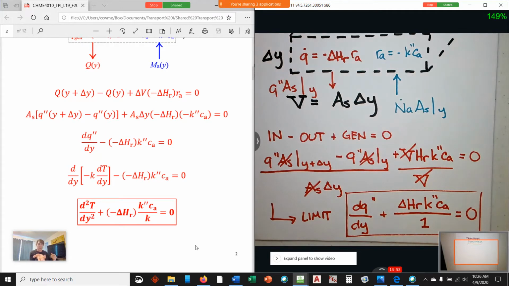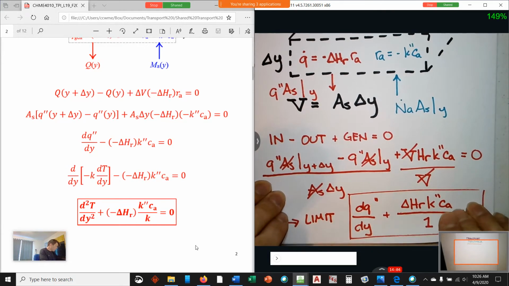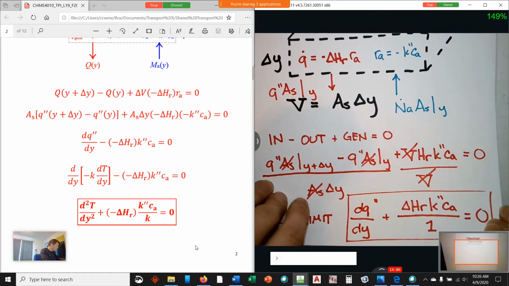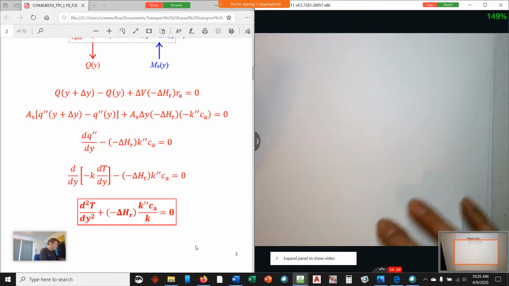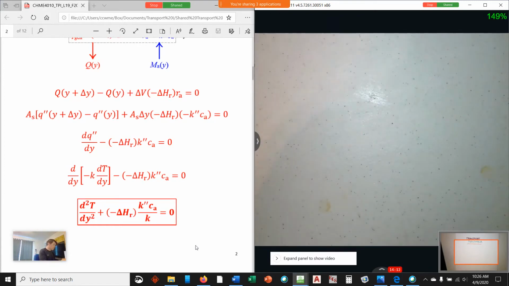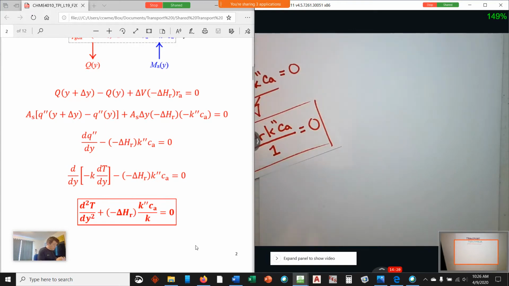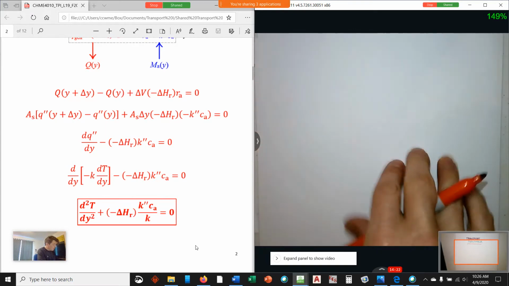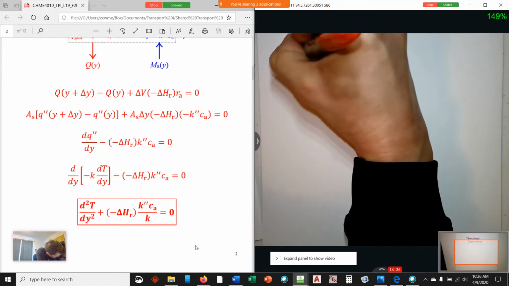We know the next thing to do for this equation is going to be replacing Q with Fourier's law. So we have dQ dy, we're going to have d dy.